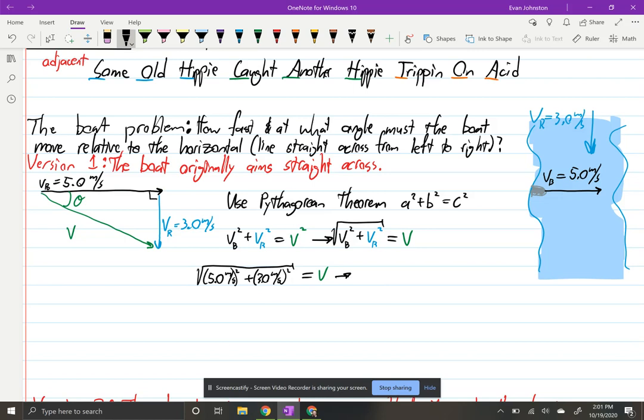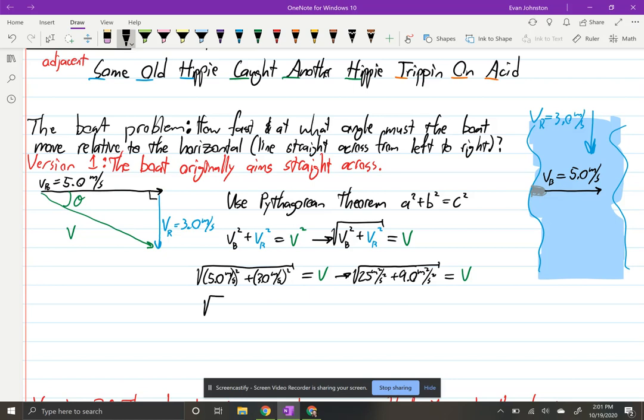Now if I simplify that, I end up having the square root of 25 meters squared over second squared plus 9.0 meters squared over second squared is our velocity, and 25 plus 9 is 34, so I end up having the square root of 34.